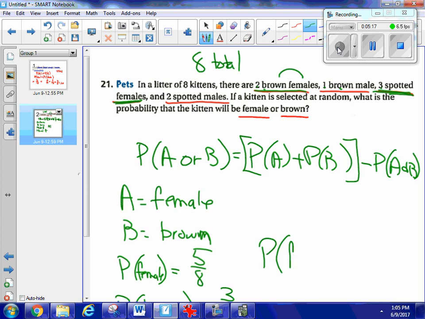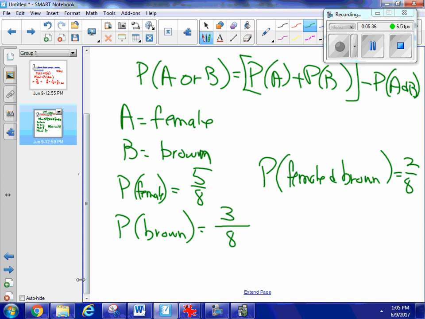So my total probability here is, let's write our correct notation, probability female or brown is equal to probability of female 5 over 8 plus the probability of brown 3 over 8 minus the probability that they are both female and brown, 2 over 8.